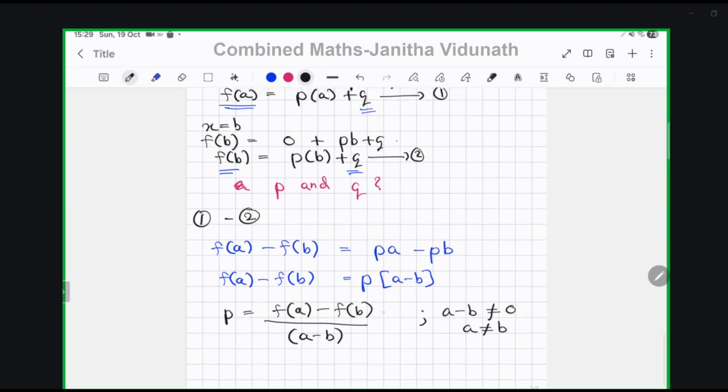Now this is our P value. Let's call it equation 3.